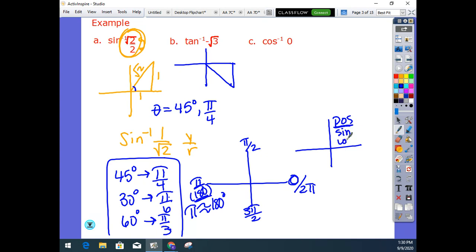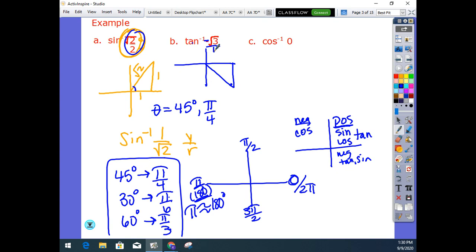So sine, cosine, tangent: if this value is positive, you put it in the first. The only negative you put in the second is cosine, and the other negatives go in the fourth. Tangent and sine go over here. So because tangent is negative, I automatically put it in the fourth.